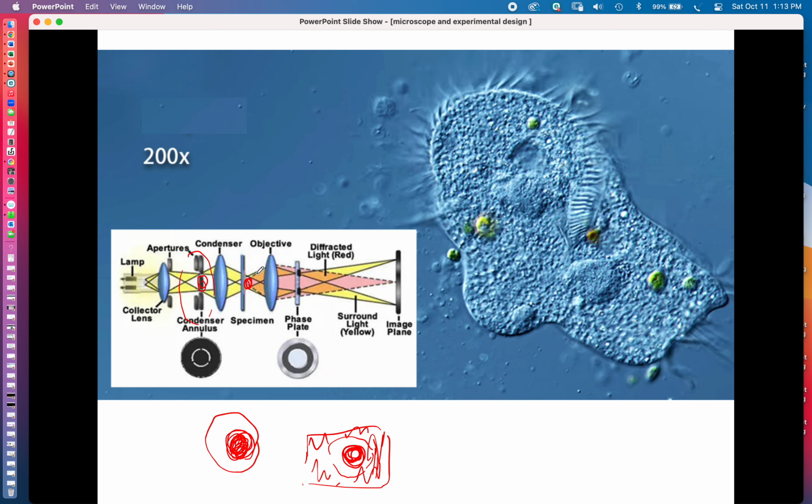And so some of this light is going to come up as like a ring of light through here. And then in the objective, inside the objective, behind the objective lens, there's a similar donut shape of dark light.